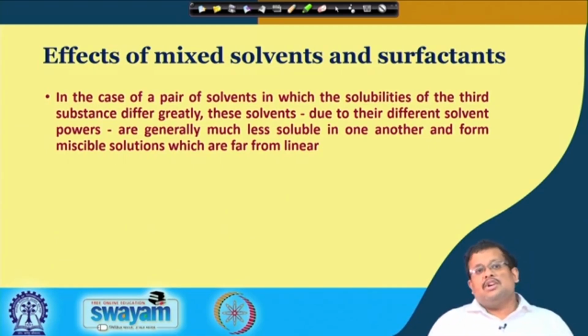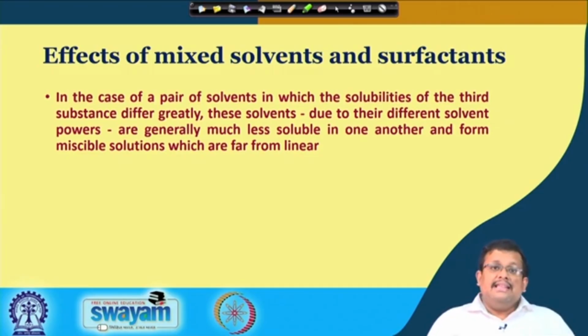So, you can see the solubility differs very greatly. These solvents, due to their different solvent powers, are generally much less soluble in one another and form miscible solutions which are far from linear.